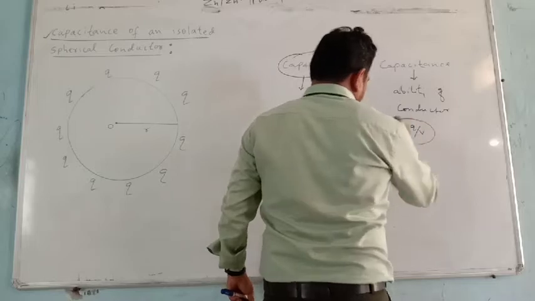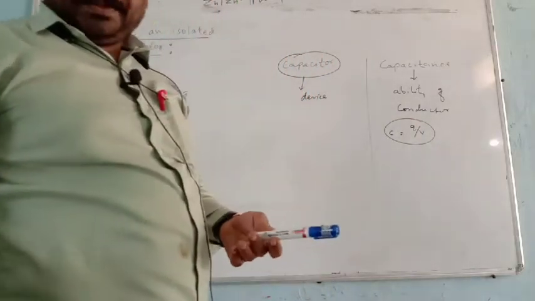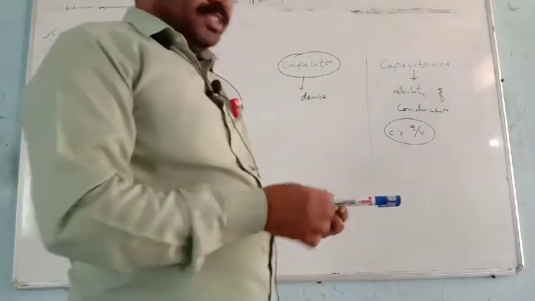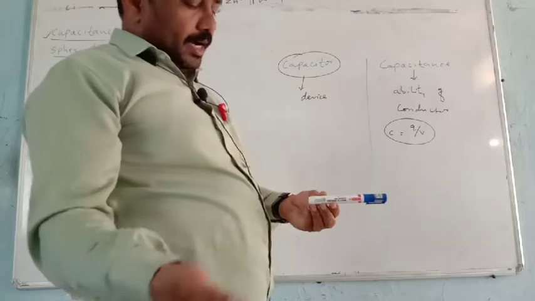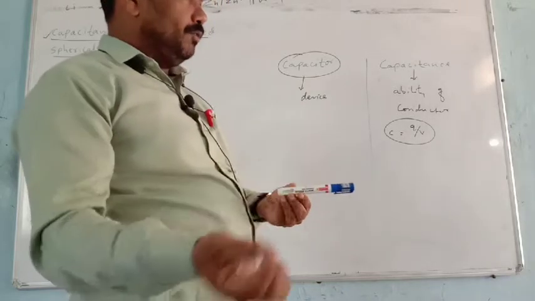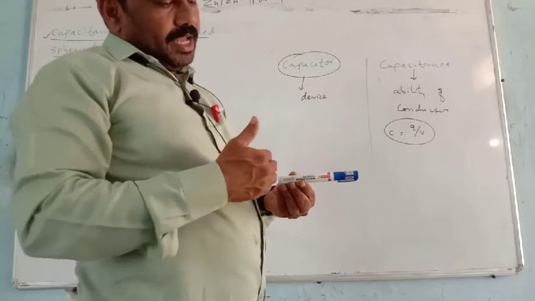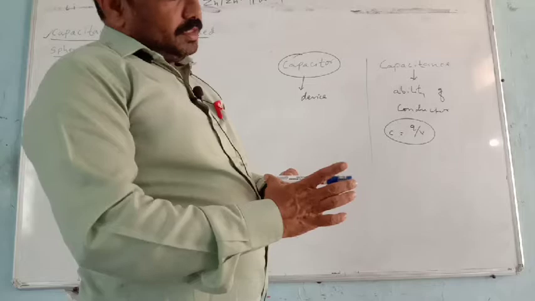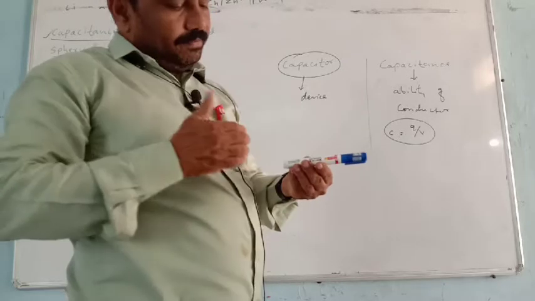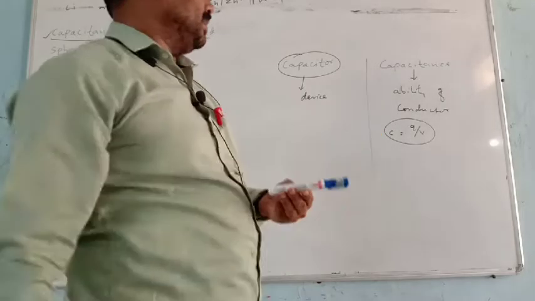We have seen this formula. Suppose this one is the conductor, a straight conductor, and we are depositing charges here. Suppose I deposit the first charge, then the second charge, then the third charge, then the fourth charge. So if the number of charges on the surface of the conductor increases, then we can easily conclude that the potential difference increases.